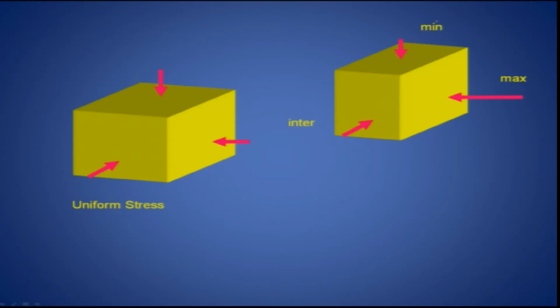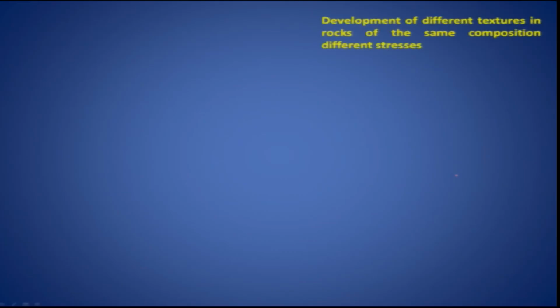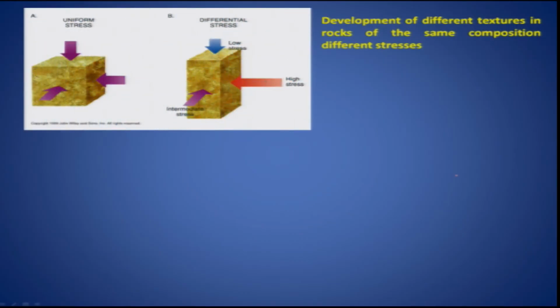The deformation will be maximum along sigma 1, and that is what we call differential stresses. Due to the differential stresses, we see different types of faulting or fracturing in the rocks.